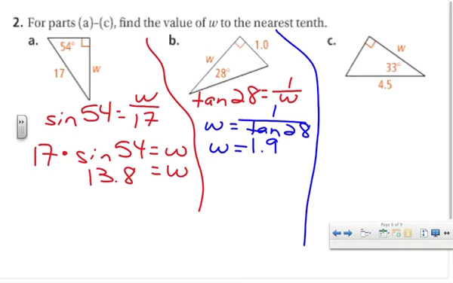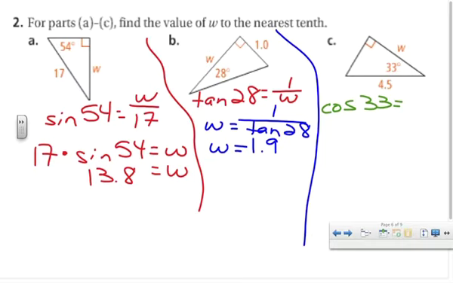How about part C? What trig ratio would I use for part C? The cosine. So, ladies, stay focused, please. Cosine of 33 is what over what?